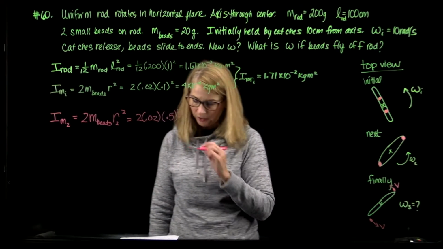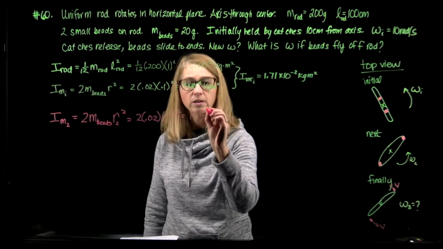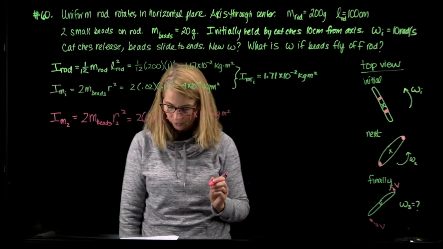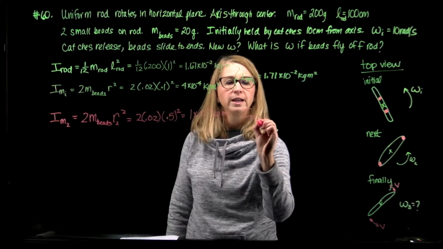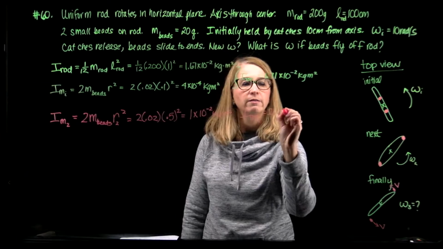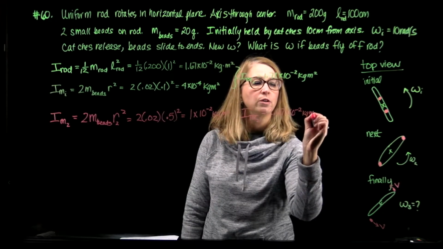That changes their contribution to 1 times 10 to the minus 2 kilograms meters squared, which means the total moment of inertia in that second situation is 2.67 times 10 to the minus 2 kilograms meters squared.